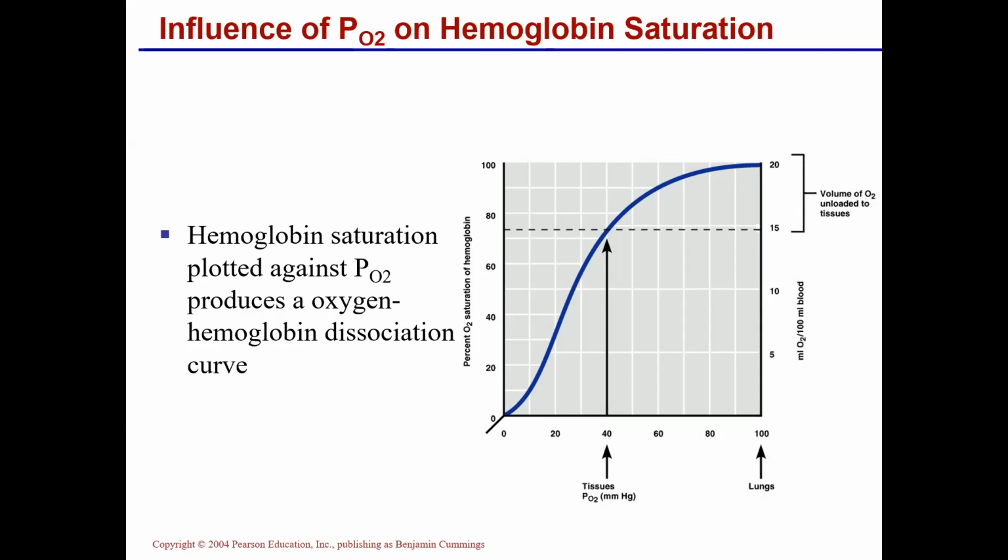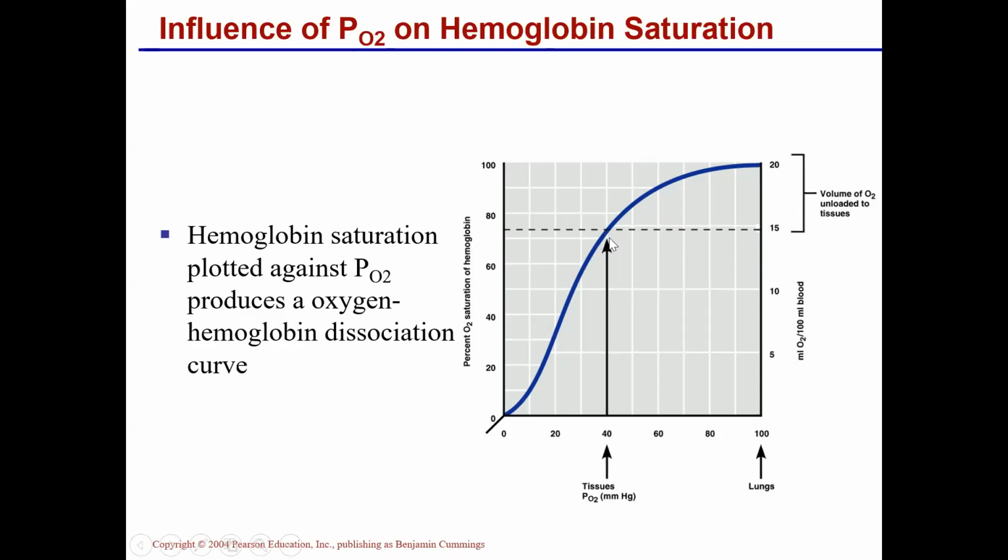So when we talk about oxygen-rich and oxygen-poor, these are only relative terms. Oxygen-poor blood still has 70% of oxygen loaded on the hemoglobin. So we have a huge reserve.